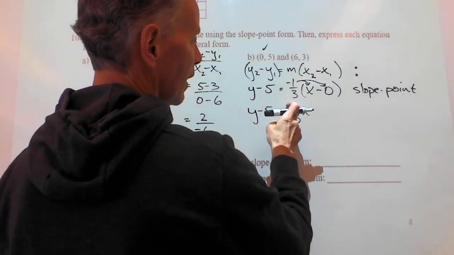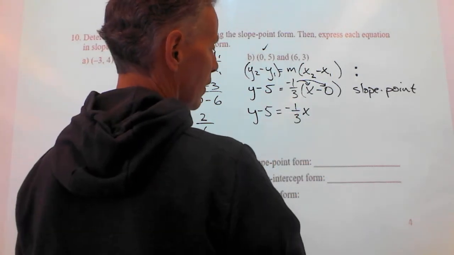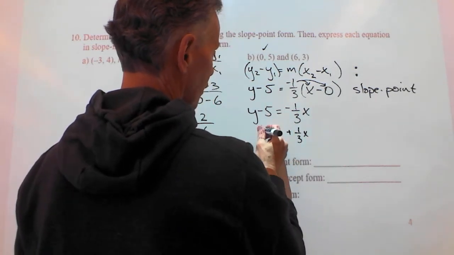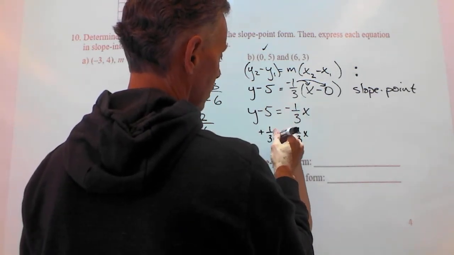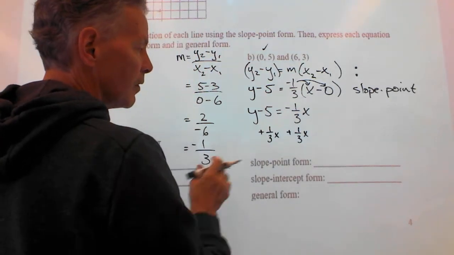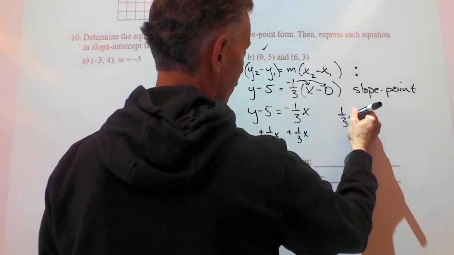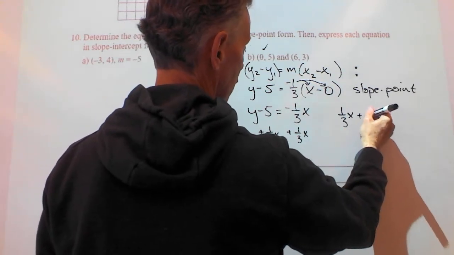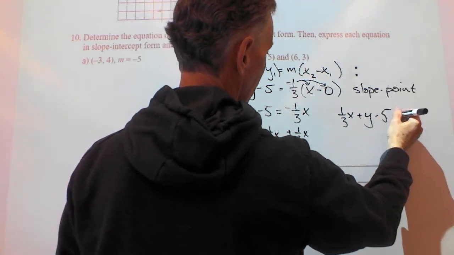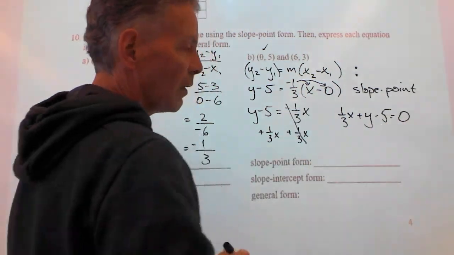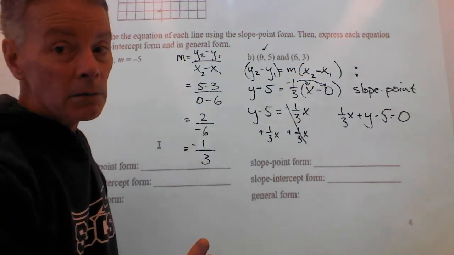So if we want to get rid of negative 1/3 x, we're going to add 1/3 x to both sides. That will give us, on the left side, 1/3 x plus y minus 5. On the right side, these will cancel to give you 0.